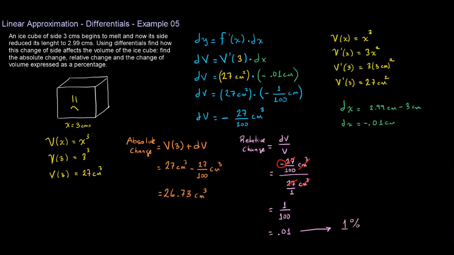I'm going to write it in red. This is the change expressed as a percentage. That is to say, this dV represents 1% of the total volume. Well, that would be it for this video, this example. Hopefully it was useful to you.